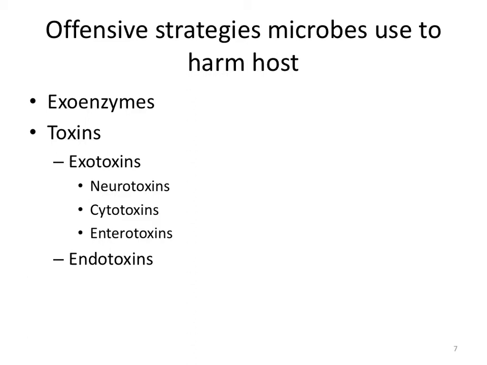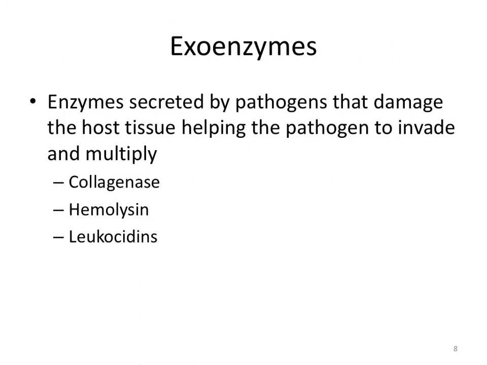Remember here that the prefix exo means outside or away from, whereas the prefix endo means inside or within. Exoenzymes are protein enzymes that are secreted by pathogens that serve to damage host or human tissue, thereby helping the pathogen to invade and multiply.